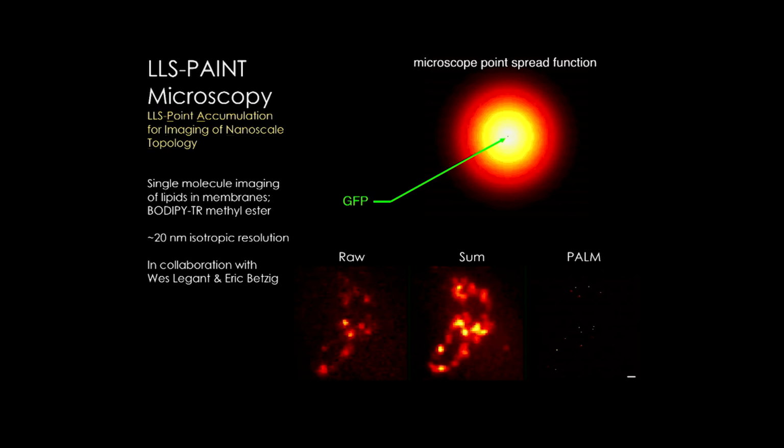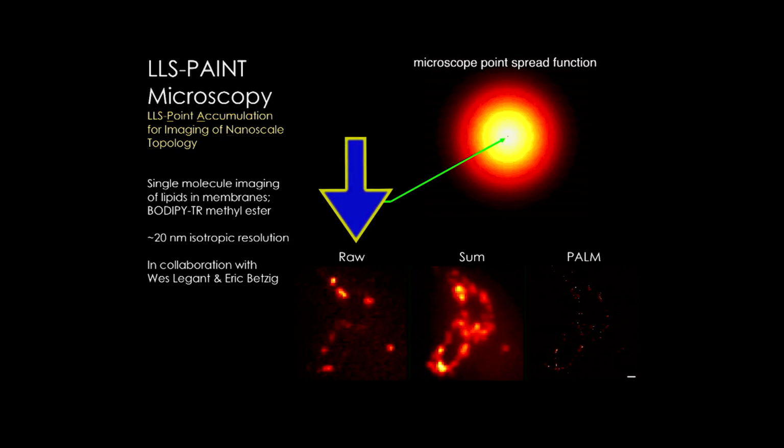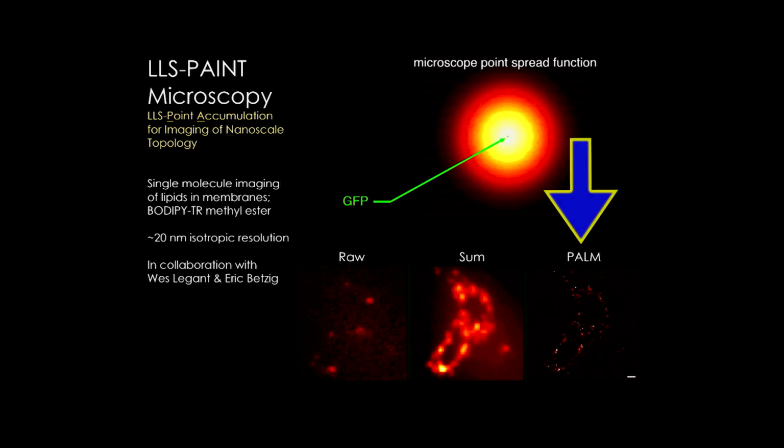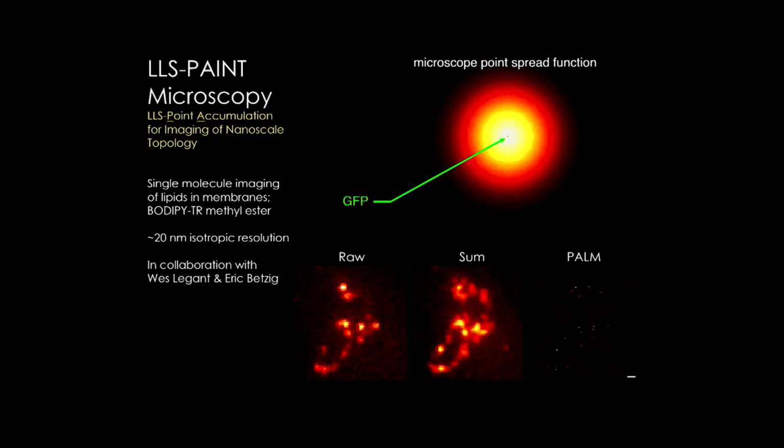So we've combined the lattice light sheet microscope with a point localization or PALM-like imaging where individual molecules, in this case we're looking at lipid molecules that bind and then dissociate from membranes, and whenever they're bound they create a spot on the surface of that membrane that we can fit with very high accuracy by point PSF centroid fitting.